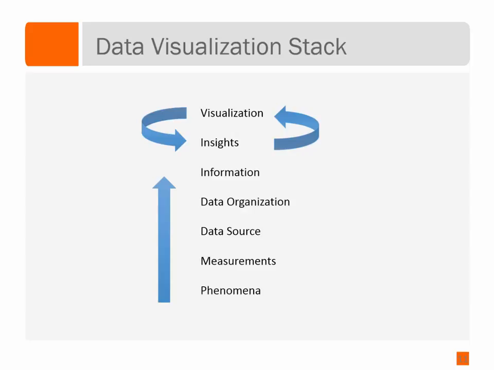Then we get to data organization. In data organization, this is where we might take the measures and put them in a database table or a data table in a document. So data organization is essentially the structuring of that data for use. From there, we then create information.